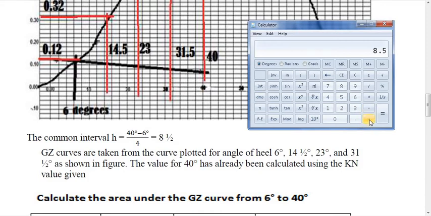So the first one is 6 degrees, plus 8.5 that will be 14.5 degrees, plus the interval of 8.5 equals 23 degrees, plus the 8.5 common interval, 31.5 degrees, and the last value is 40, which was already calculated using the KN value given.